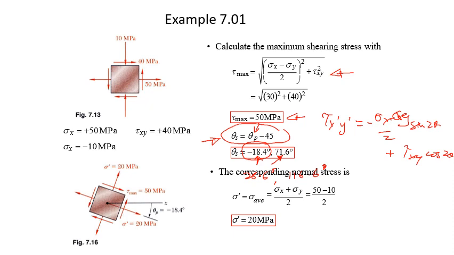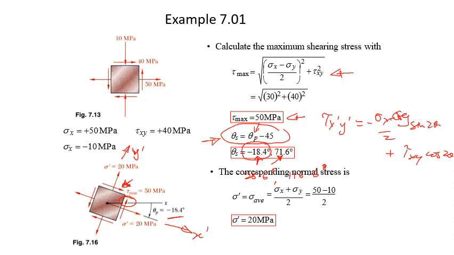You have 18.4 is negative, so you are pointing to that direction there, x prime. And you will find that tau x prime y prime will be positive, meaning it is going upwards on that face. If you replace with 71.6, you'll get a negative value, so that negative value will give you a downwards force on the right-hand plane, because you are talking about that axis now. Okay, so that is the y prime axis.